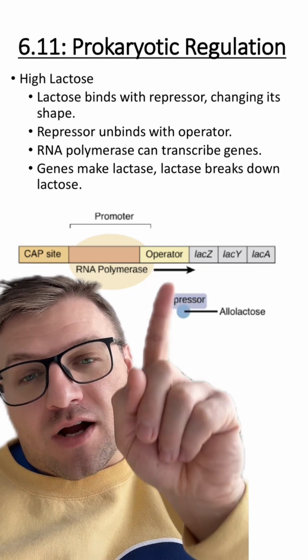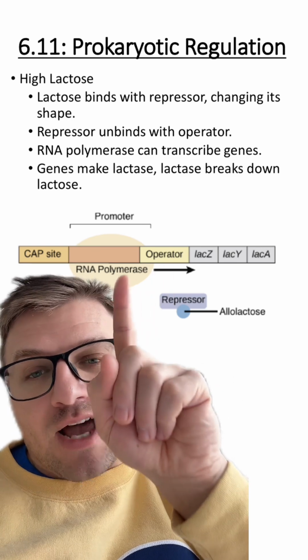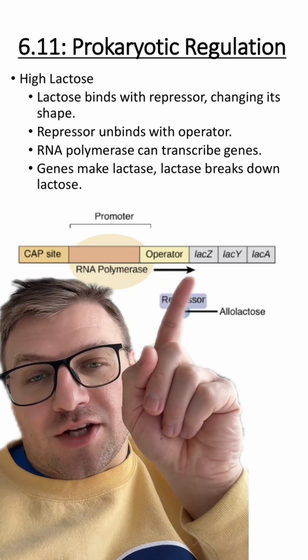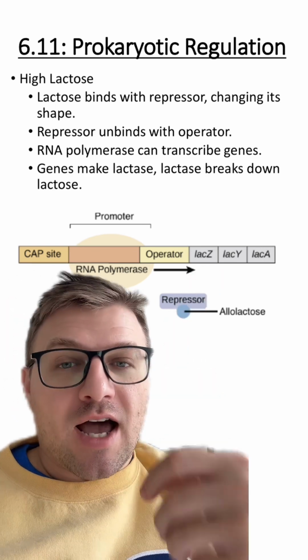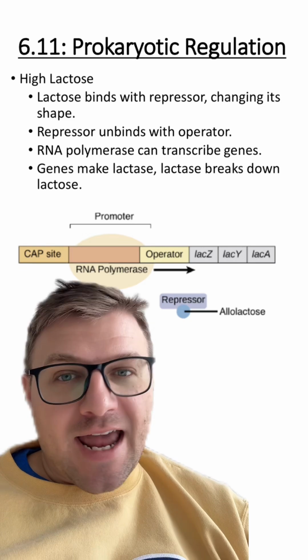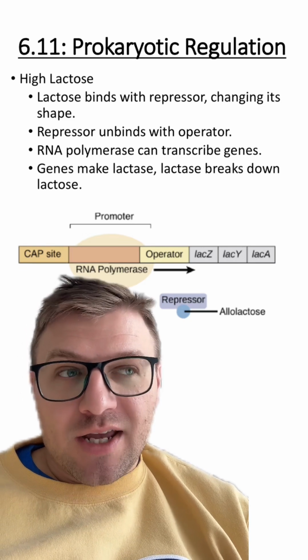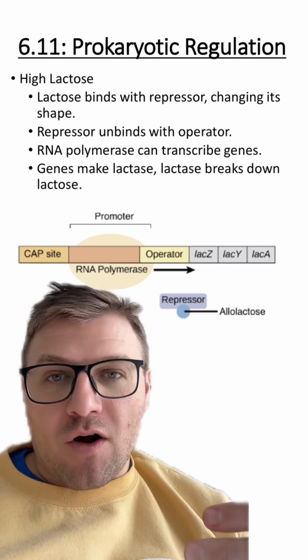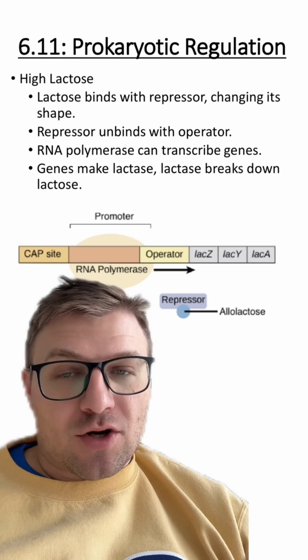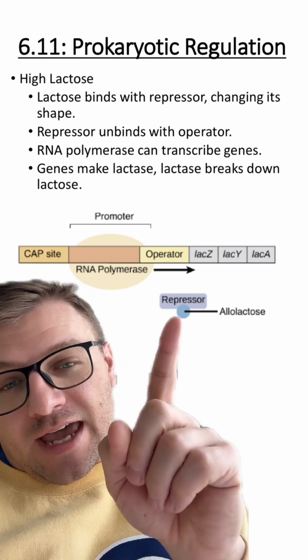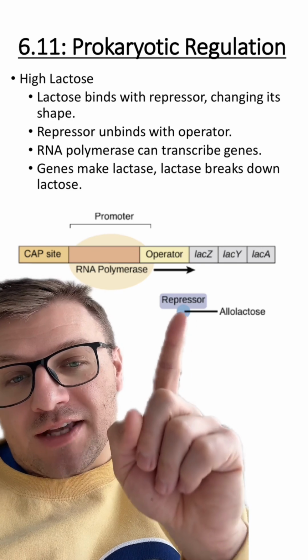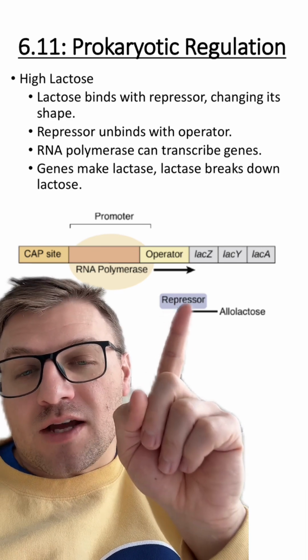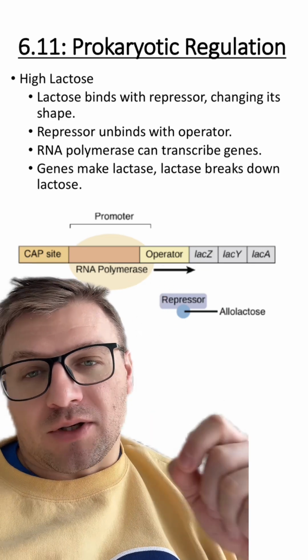When the repressor unbinds from the operator, this allows RNA polymerase to go through transcription and make the proteins of lactase. Again, now the cell has lactose to break down. Now it needs to make the lactase to break down those sugars. Now, whenever all of the lactose molecules are broken down by lactase, the lactose unbinds from the repressor. The repressor then will bind to the operator, stopping transcription.